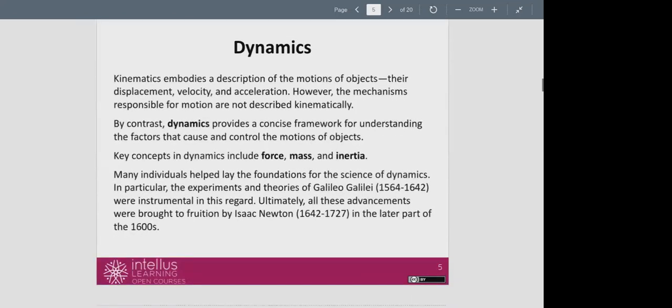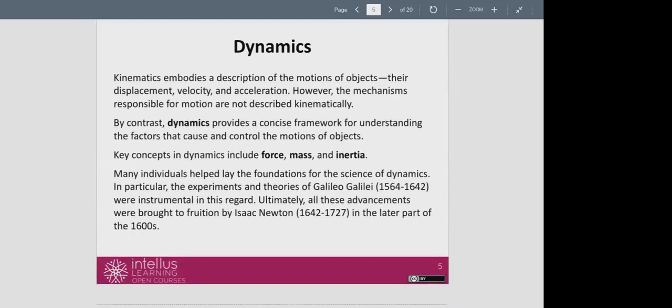Okay. And so that's what this is talking about. Kinematics is a description based on displacement, velocity, acceleration, but we don't talk about what's responsible for the motion. Dynamics, on the other hand, provides us a way of understanding the causes and control that forces play where moving objects are concerned. And so we'll need to understand key ideas like force, mass, and inertia.